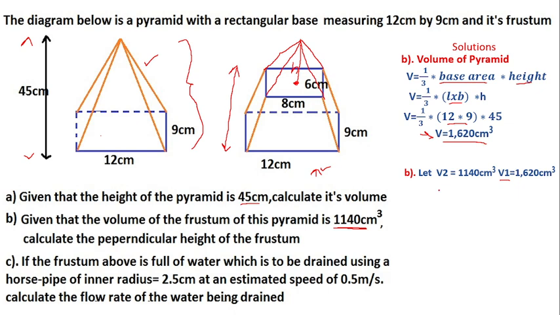So here what we are going to do is subtract the volume of this frustum from the volume of the pyramid, of which the frustum is part. So by subtracting, we are remaining with the volume of the top part, which will help us to calculate its height. If we calculate the height, we'll be able to calculate the height of the frustum by subtracting that height, h, from 45. Hope you get the concept.